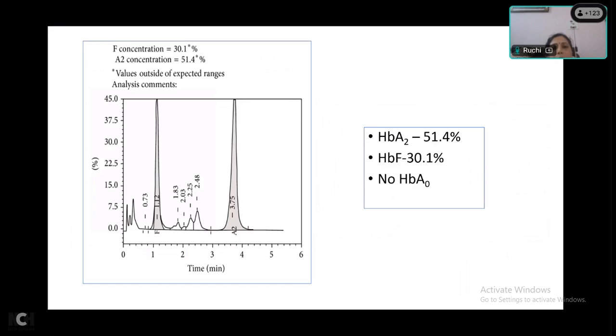What is it showing? So here the HbF is 50.1, which is increased more than the normal, and HbA2 is 51.4.